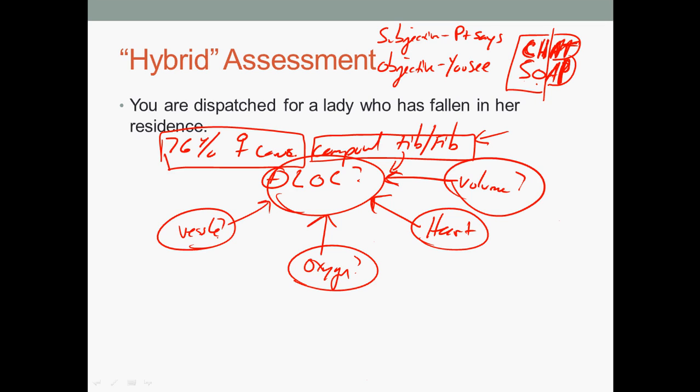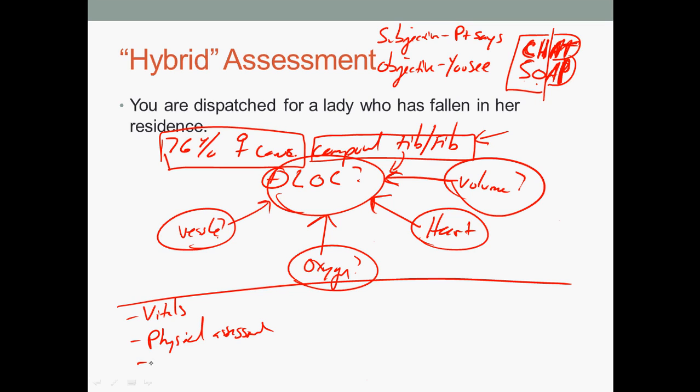So this is going to include your vitals, your physical assessment, and then if there's a bystander, which there's not in this case, but any sort of bystanders, that sort of thing, general appearance.